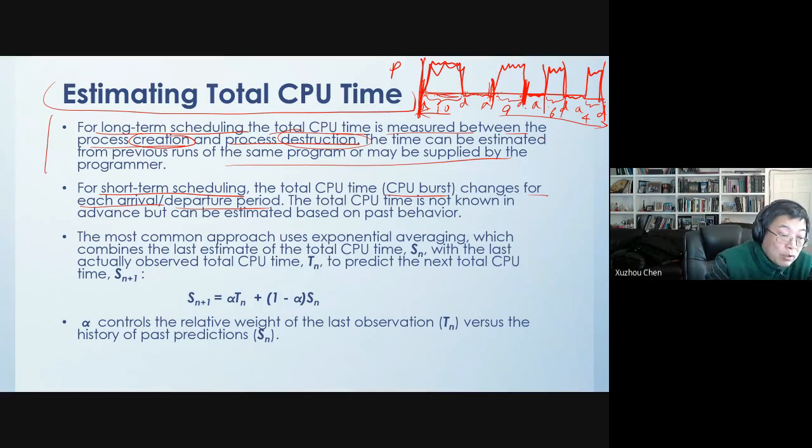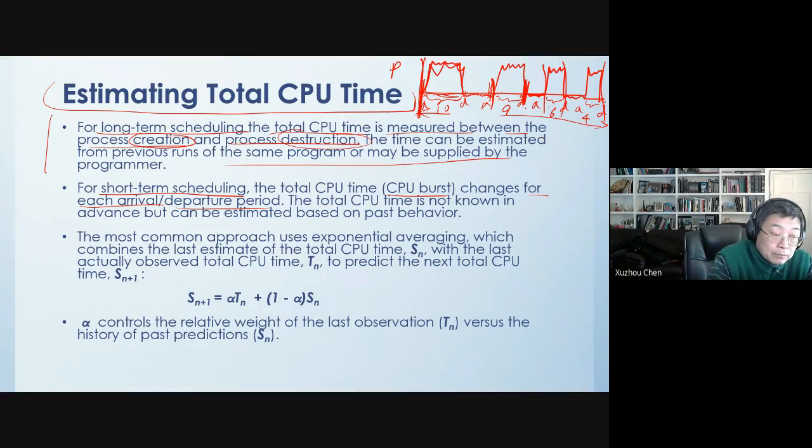So how can I actually predict this? That's very important, because if we use FIFO, first in, first out, that's not important. But if we use shortest job first, that really matters. Why?